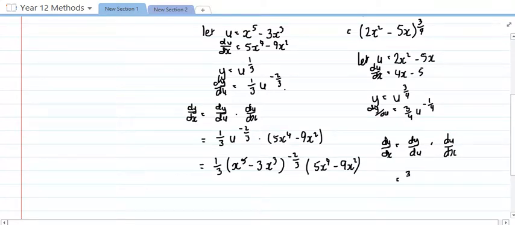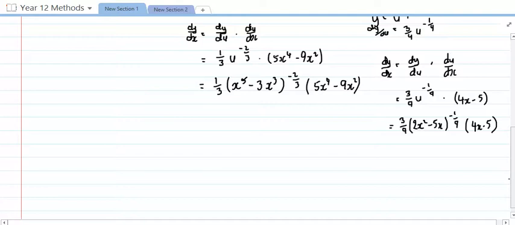So that's 3/4 of u to the power of negative 1/4 multiplied by, and then it was du dx, which is 4x minus 5. And subbing u back in, we get 3/4 of 2x squared minus 5x to the power of negative 1/4, and then that's multiplied by 4x minus 5.